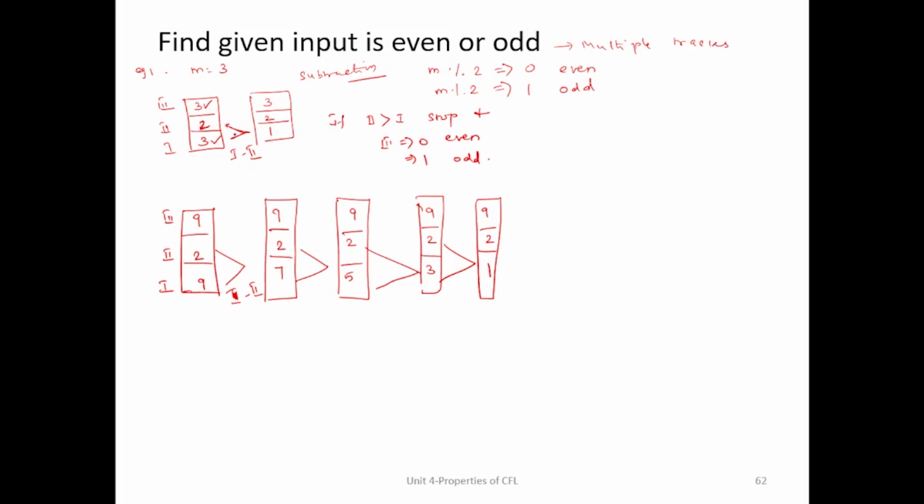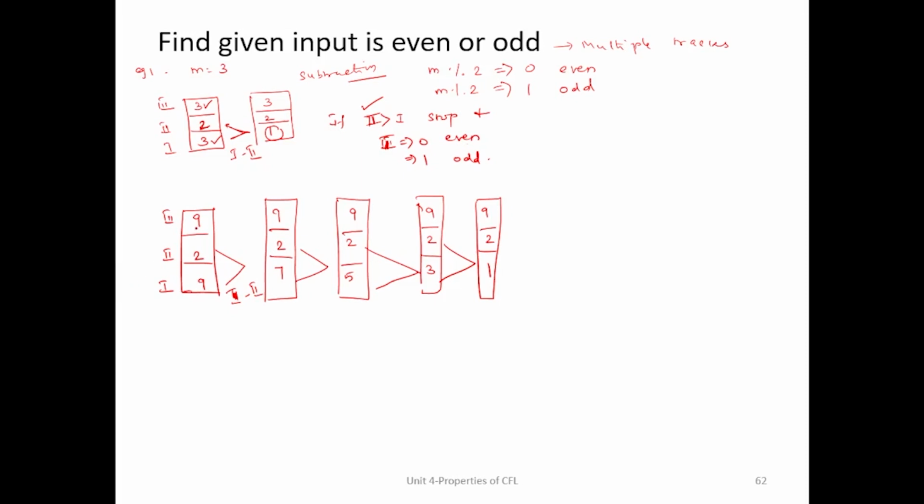We should repeat this process until the track 2 value is greater than track 1. If track 2 is greater than track 1, we stop the procedure and check the track 1 value. If track 1 contains 0, the number is even, otherwise the number is odd.